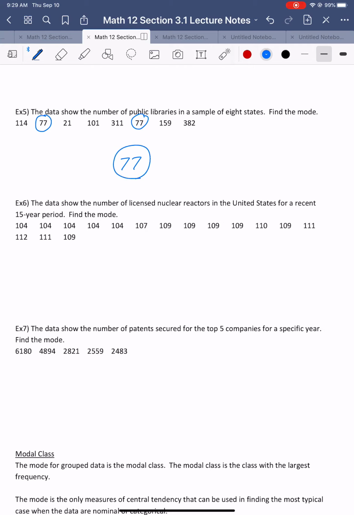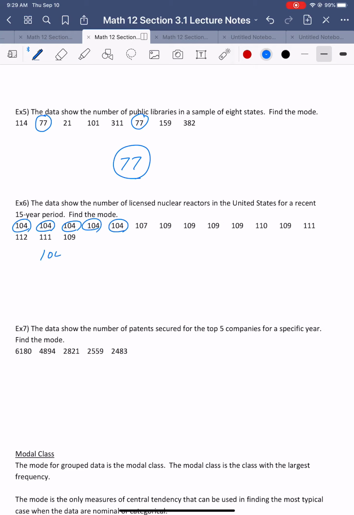Next example, the data shows the number of licensed nuclear reactors in the United States for a recent 15-year period. Find the mode. Okay, so these numbers are not in order, but let's see, there's a 104, and there's 1, 2, 3, 4, 5.